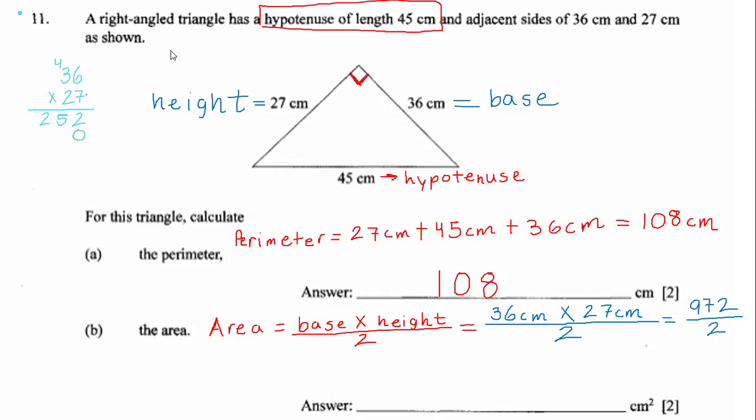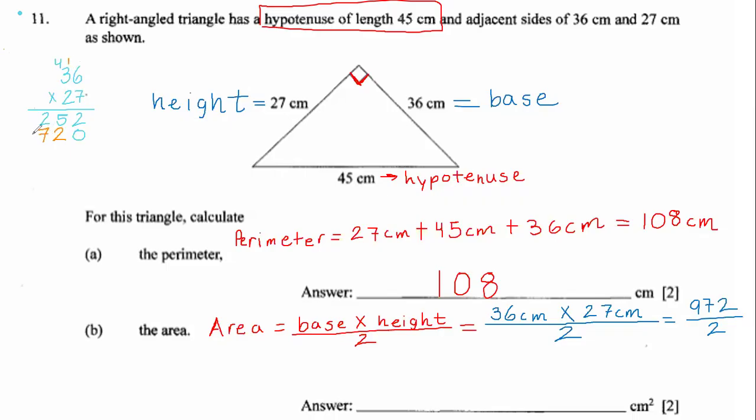Let me use a different color. Now we have 2 times 6, which is 12. Very good. Put the 2 down, put the 1 up. 2 times 3 is 6 plus 1 is 7.